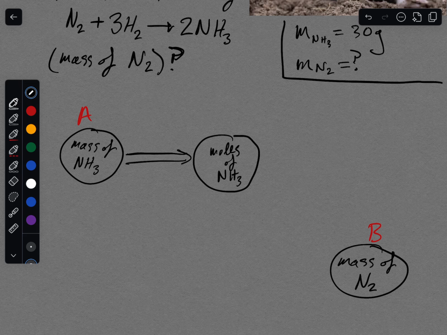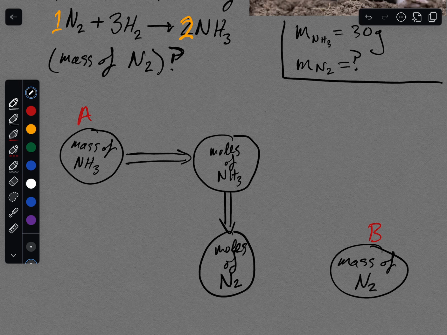Now, going from moles of ammonia to moles of nitrogen is not that bad, because, and I'll do this in detail in a second, we're just going to use the 1:2 ratio given by the balanced chemical equation to do that. Okay. So this will allow me to go to moles of just N2.